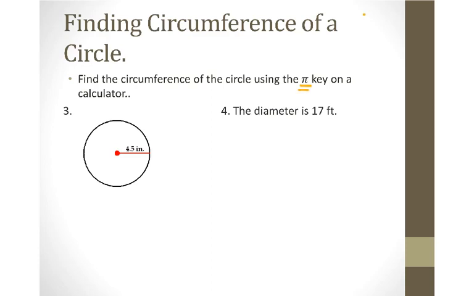If you have a Texas Instrument, so a TI, what you're going to have to do is hit the second key first, and then you're going to have to hit the caret key, okay? And if you notice, above that caret key is the pi symbol. So if you have a Texas Instrument, you have to hit second and then the caret key to get your pi symbol.